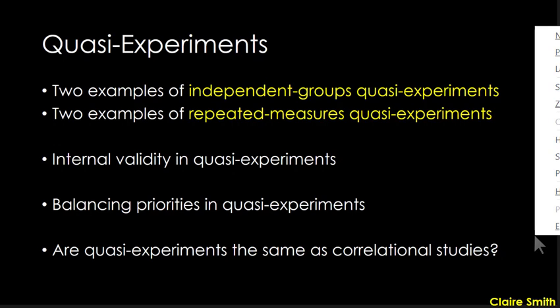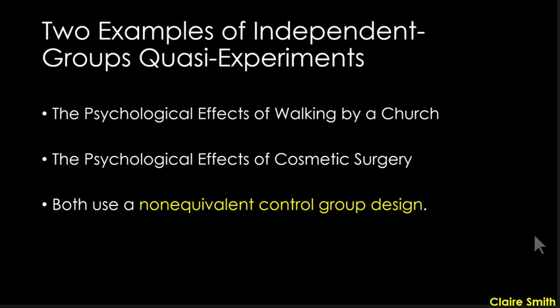Okay, so if we're looking at independent group quasi experiments, there's 2 examples we're going to go through: psychological effects of walking by a church and psychological effects of cosmetic surgery. Those 2 examples are both using a non-equivalent control group design. So there are different participants or groups at each level of the independent variable.